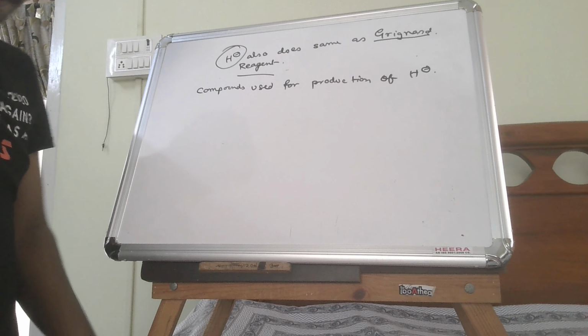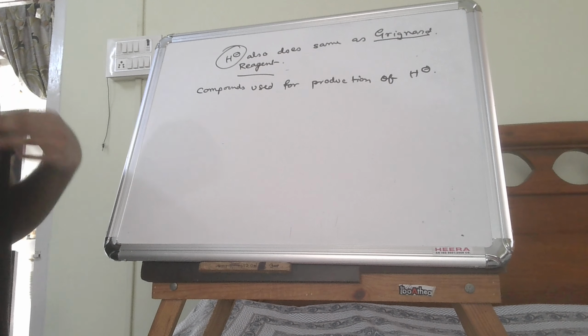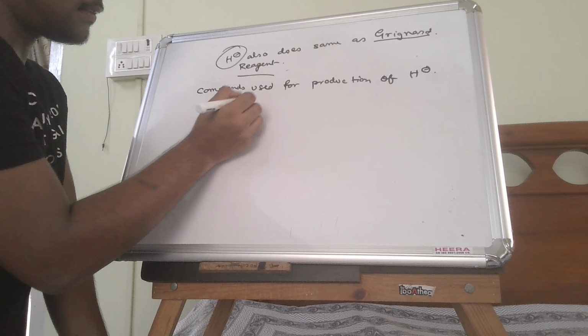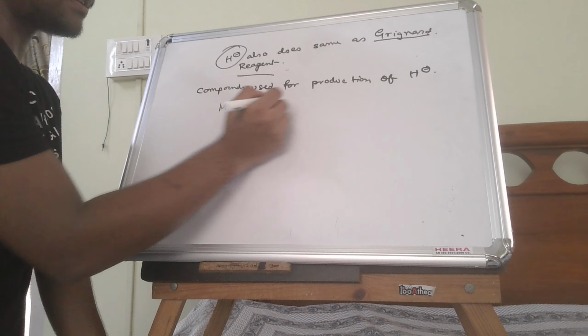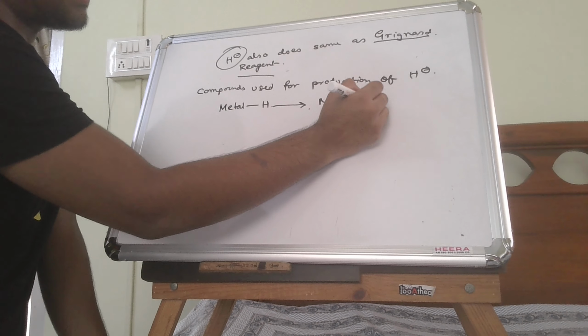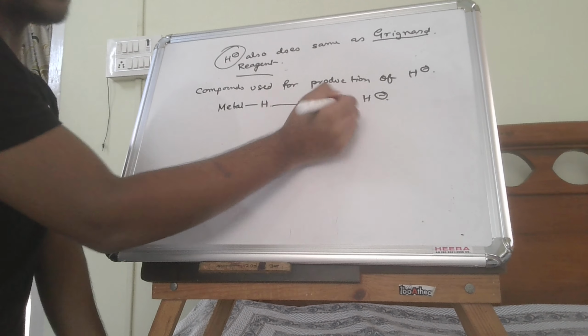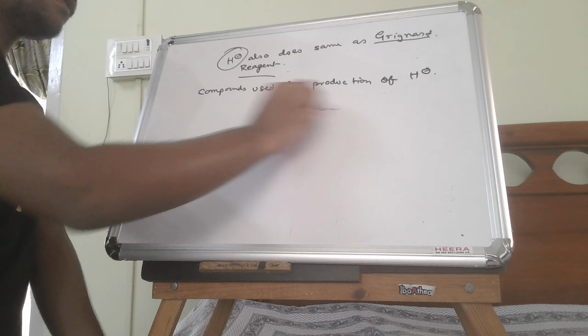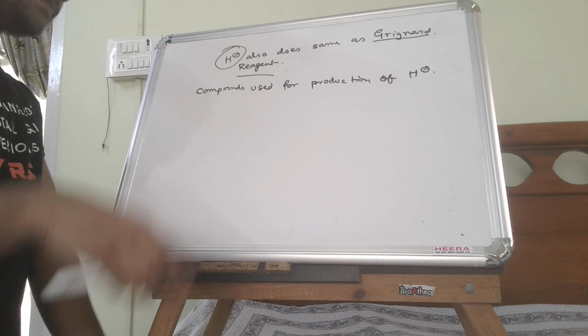We can use metallic hydrides. What are metallic hydrides? Metal-H, because if it leaves as M plus and H minus, M plus is highly stable. That's why we will be using metallic hydrides.